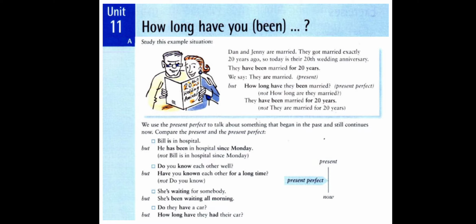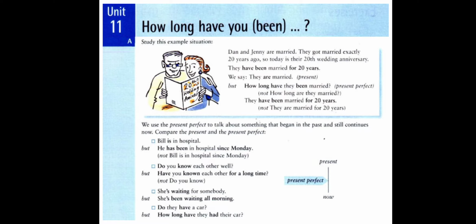They have been married here, present perfect changed. A present perfect simple, it changed into passive. They have been married. The action is done 20 years back and its effect is going on until now. So we say they have been married for 20 years, and this form is in the passive form.